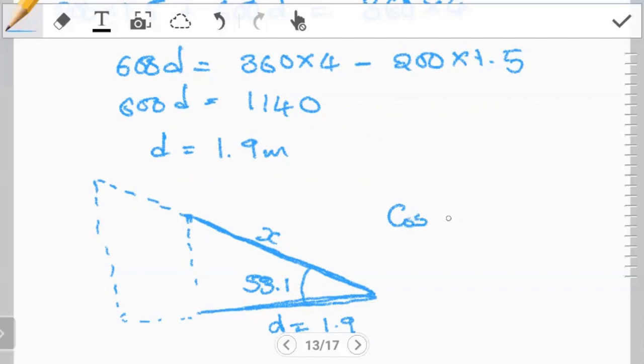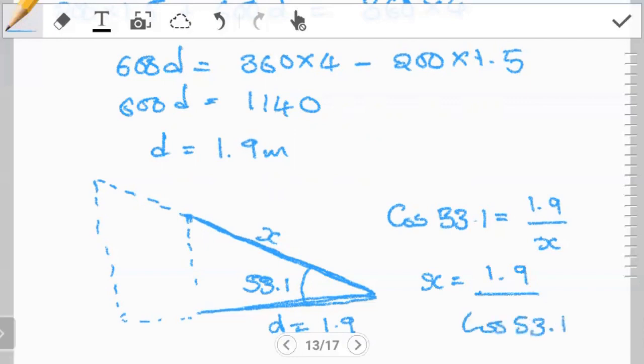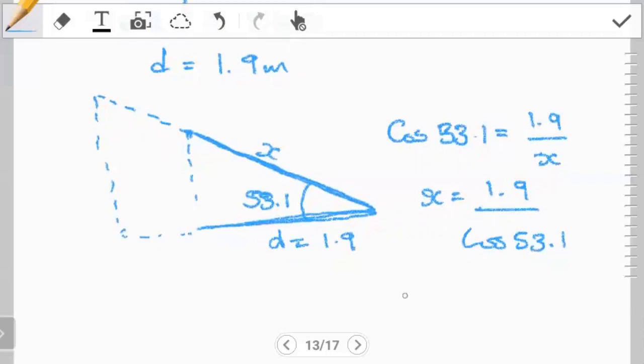Cos 53.1 is equal to adjacent, which is 1.9, over hypotenuse, which is X. So cross multiply here, we see that X is equal to 1.9 over cos 53.1. And then when you simplify this, you get X is equal to 3.16 meters.